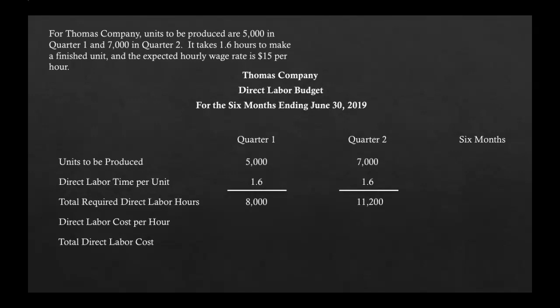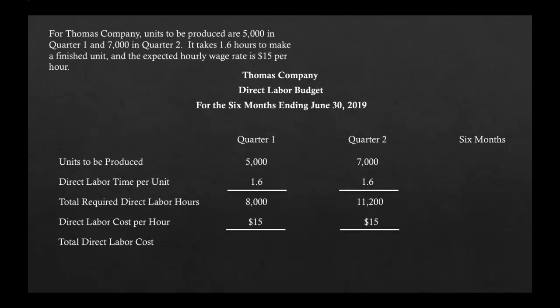In quarter 2, we want to make 7,000 units. Each of those units will take 1.6 hours, so it will require a total of 11,200 hours. Now our direct labor cost per hour. Well, it tells us up in the problem that the expected hourly wage is $15 per hour. So we'll put our 15.